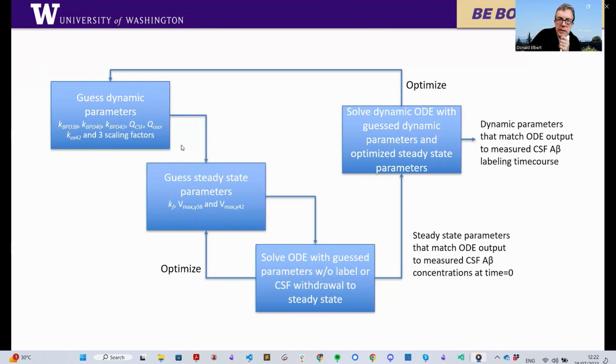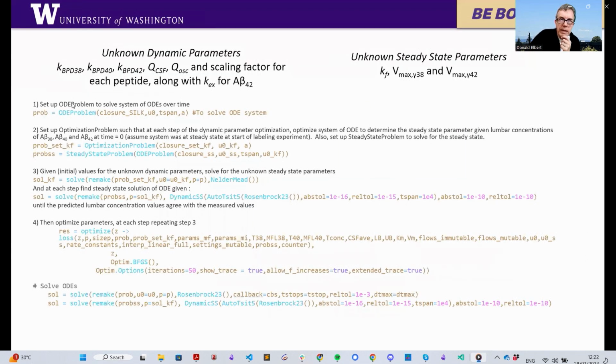Optimization, right? Many solutions to these equations as part of the optimization. But eventually, we find values for these parameters where the output of the model matches well the A beta labeling time course data.